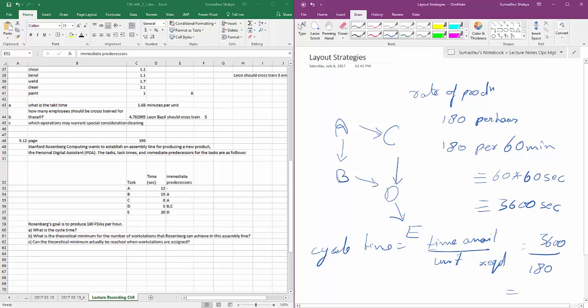We can calculate here, but we'll do that in the spreadsheet as well. So 18 2s are 36 and 0, so about 20. One unit should come out finished every 20 seconds. Now let's calculate this in our spreadsheet the way it is given to us. So the units required is 180.